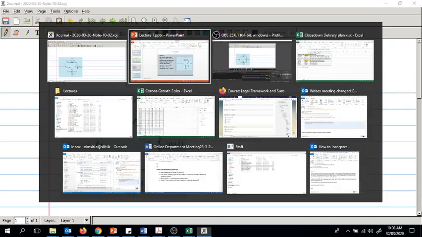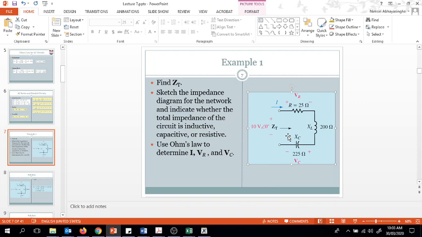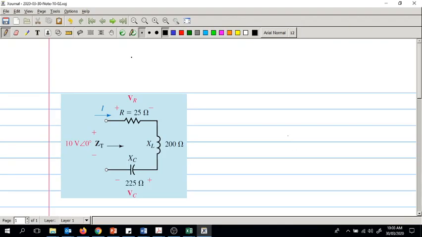Right, so what we have to find is ZT first. So ZT is the total impedance.